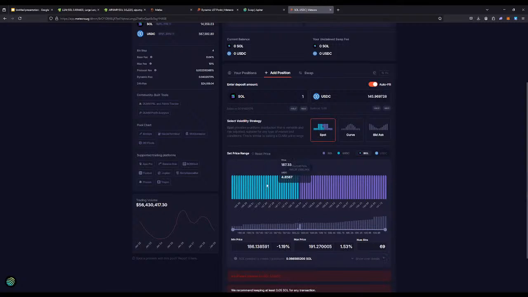If it goes down, then we will go out of range if we're considering the first bin. But for example, in this pool, if the price goes down, all the USDC in this bin will be sold, and it would be replenished with Solana, and the price will move on to the next bin.